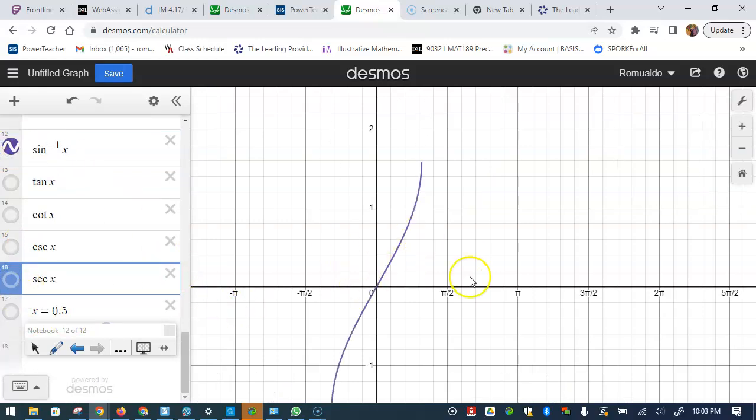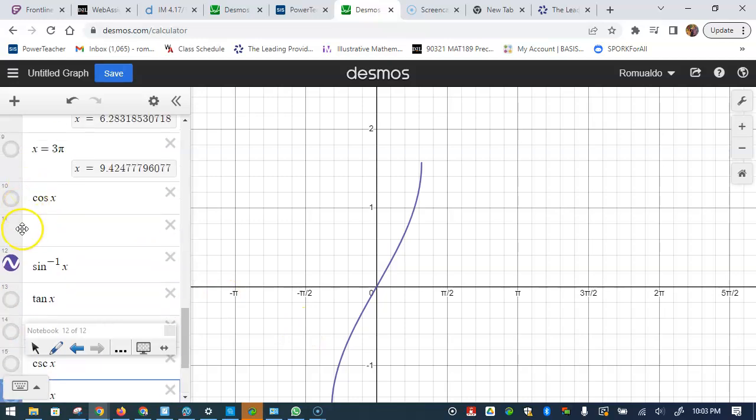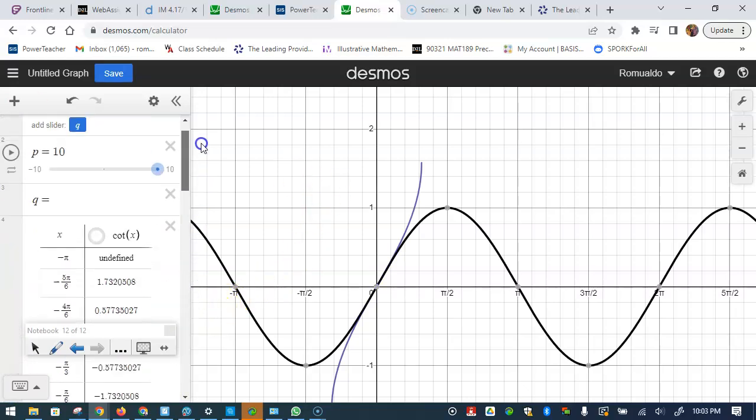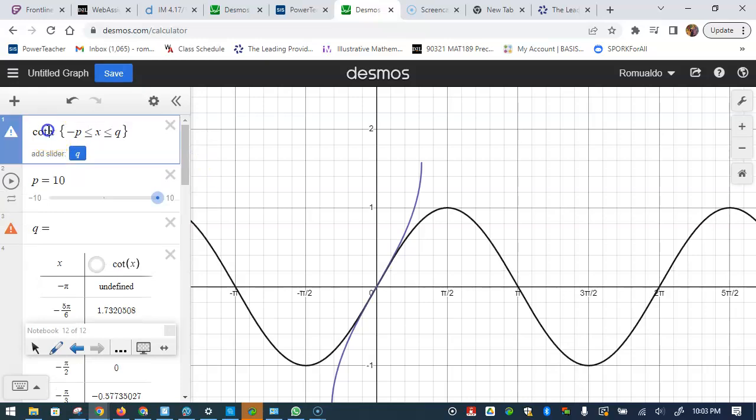So I just click here and you can see how the graph looks. If you click on the sine graph, I can separate this, and I should restrict this from p from 0.